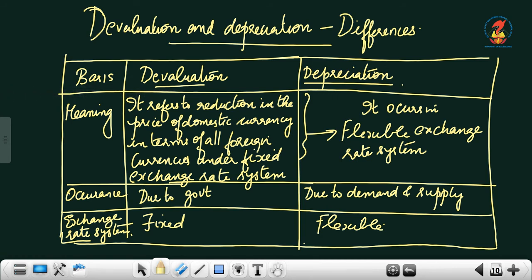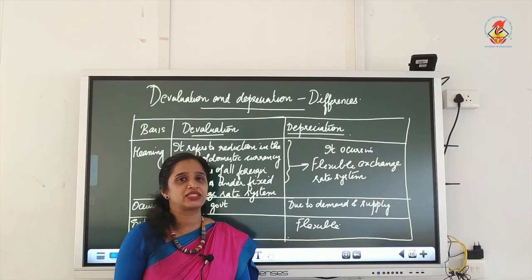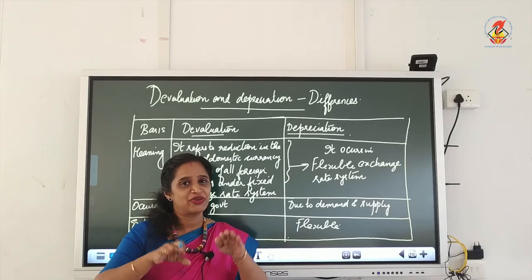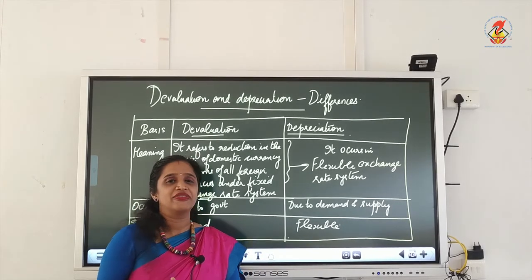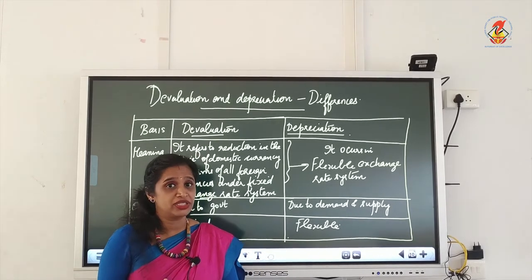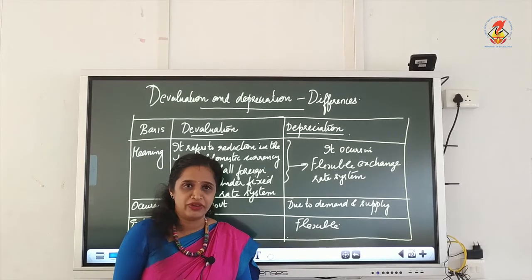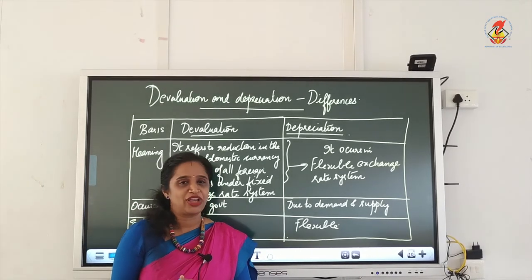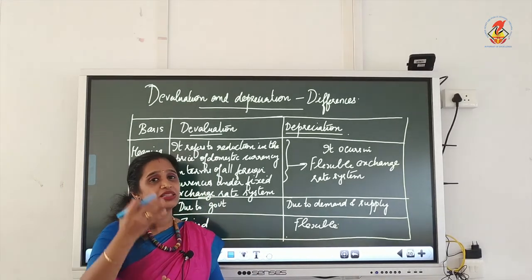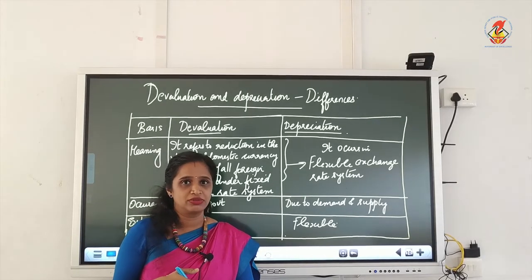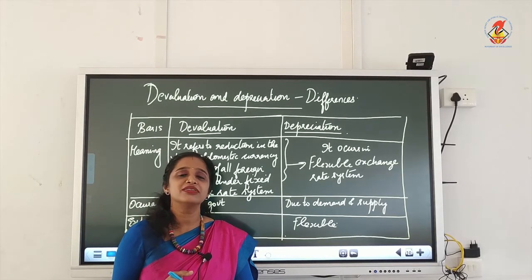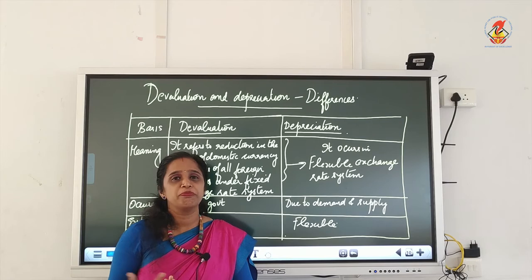government. Therefore, when the government is fixing the exchange rate, it can vary according to the decision of the government. Such variation in the exchange rate due to the fixation by the government is known as devaluation. The price of the domestic currency can come down. It is consciously done by the government for certain purposes.